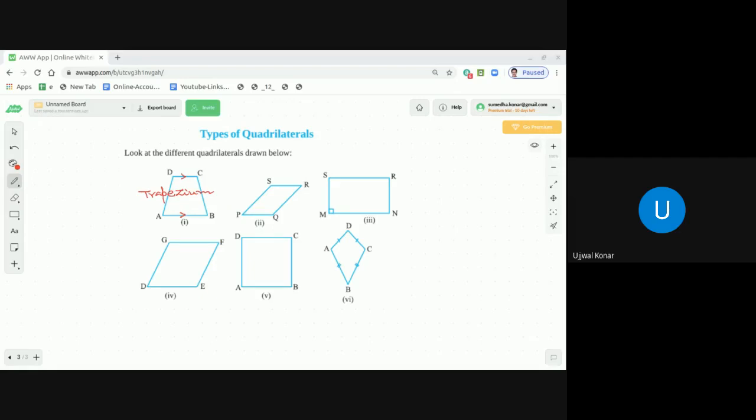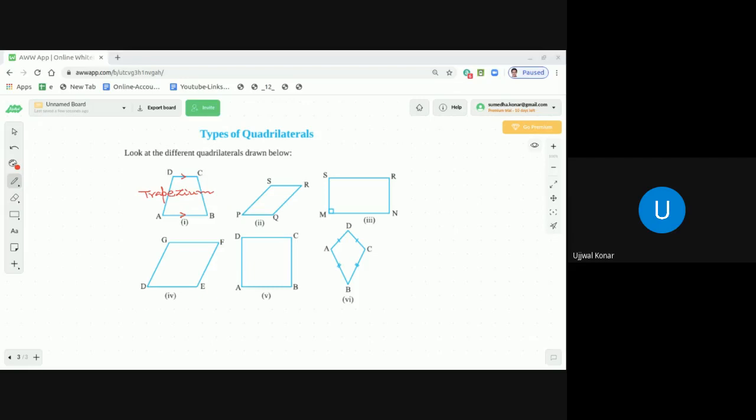Now let's look into diagrams 2, 3, 4 and 5. If you look into all of these, you notice that the pairs of opposite sides of these quadrilaterals are parallel. This type of quadrilateral is known as a parallelogram. Correct, dear students? So what is the definition of a parallelogram?